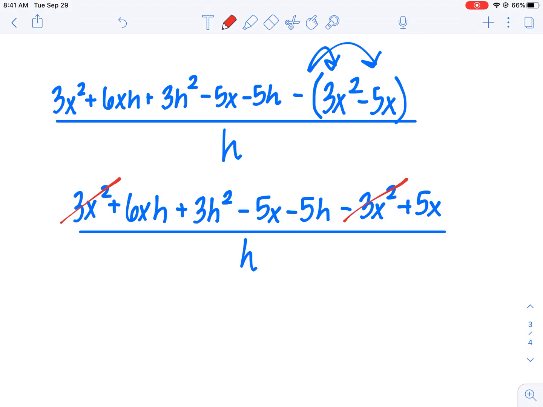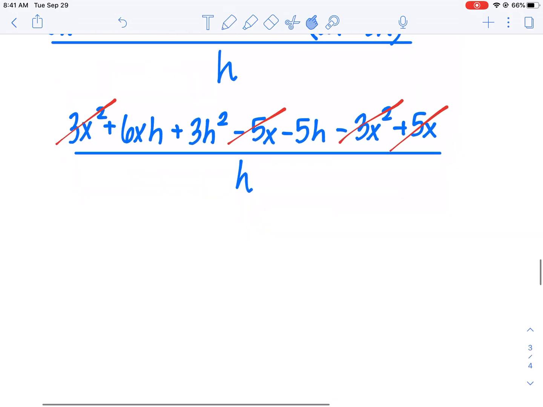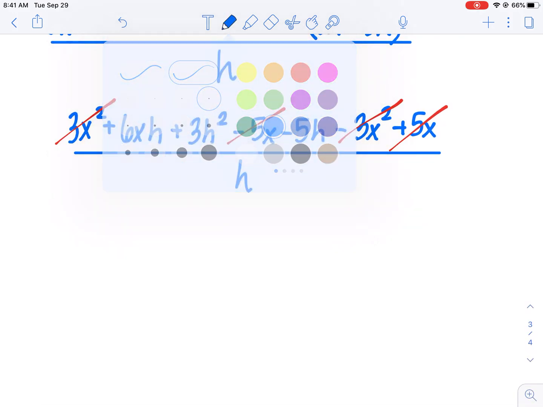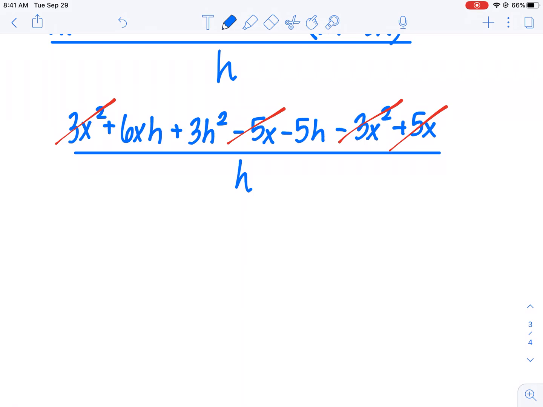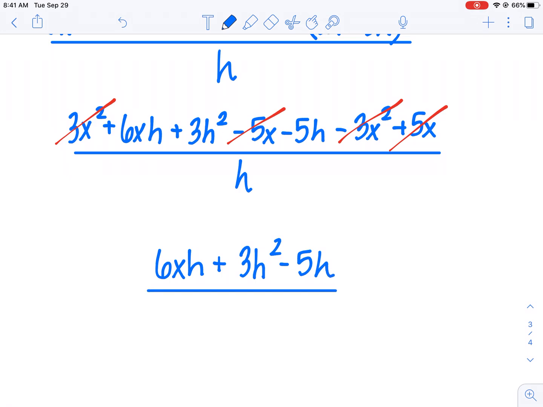Adios. I have a negative 5x and a 5x. Those cancel. Love it. This should happen. It should become simpler. So I'm getting 6xh plus 3h squared minus 5h all over h.